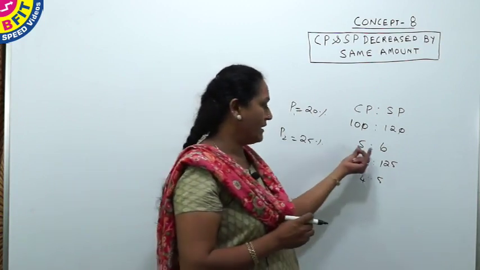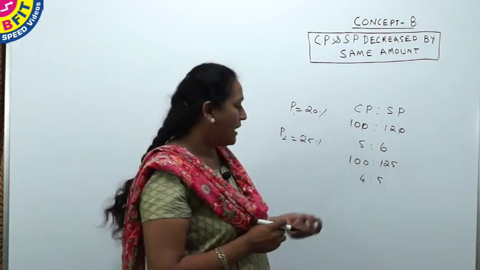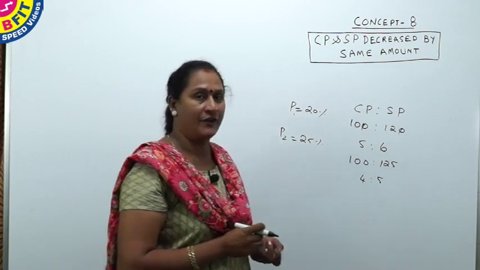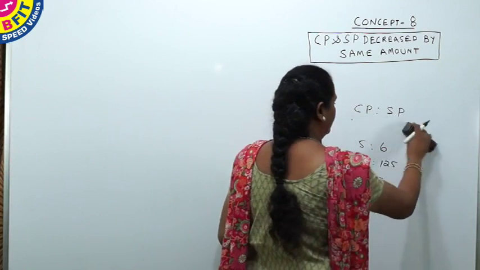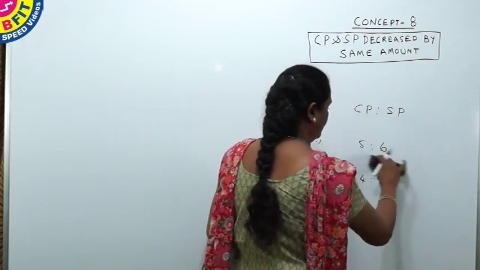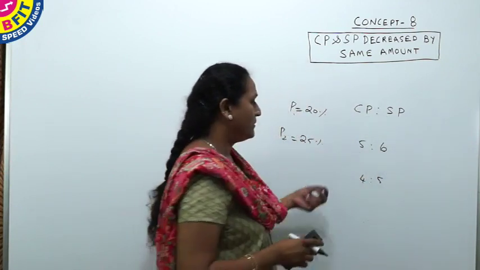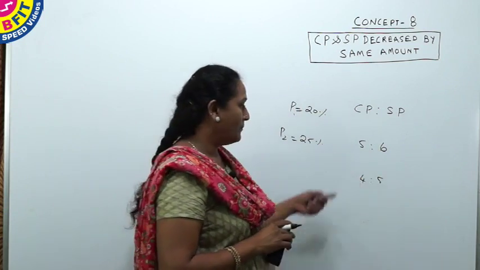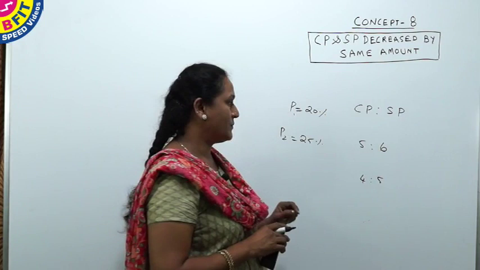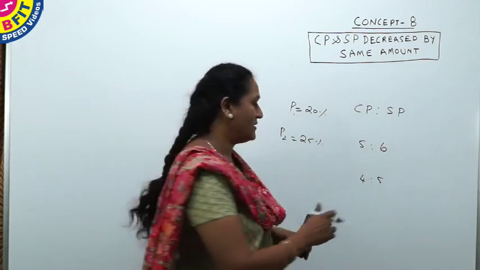Earlier we got a ratio of 5:6, and now the ratio is 4:5. This 4:5 ratio is got by decreasing 100 from the cost price and decreasing 100 from the selling price.